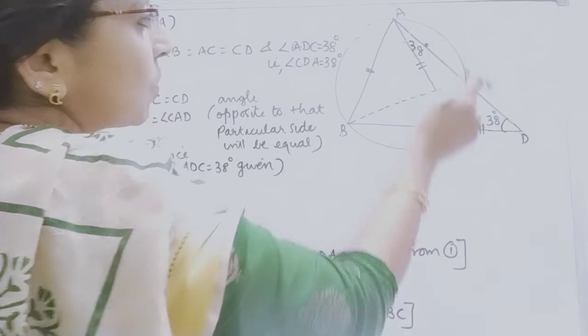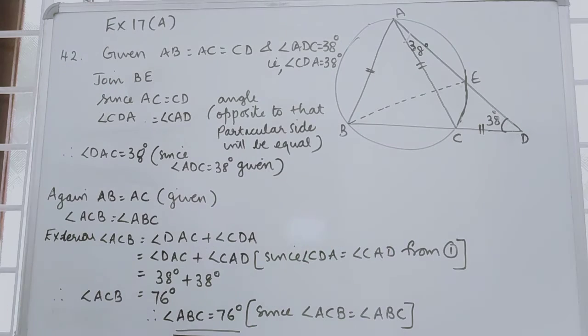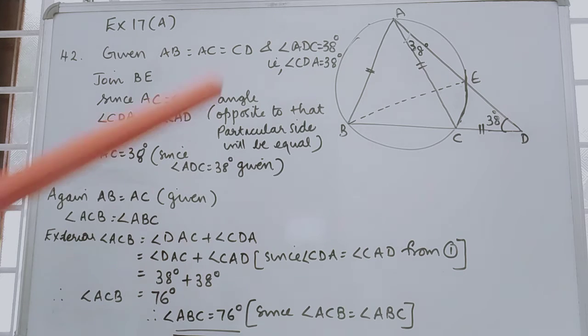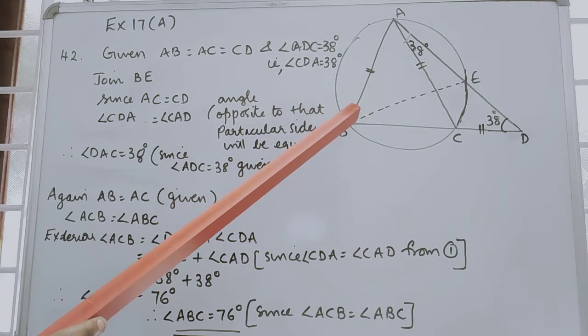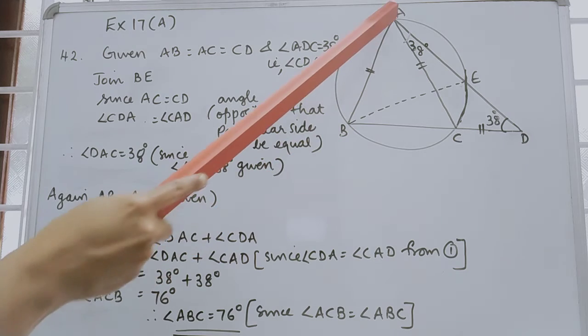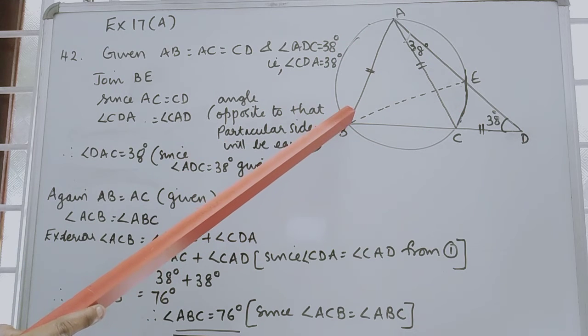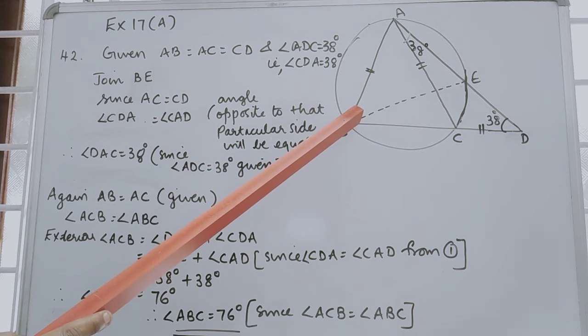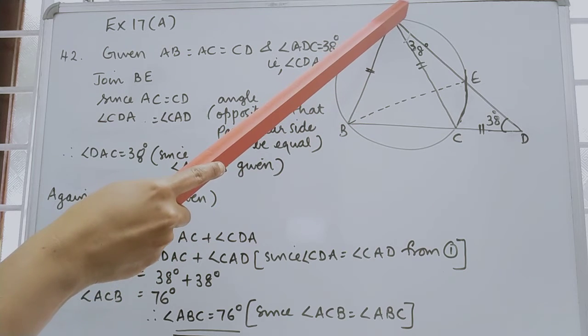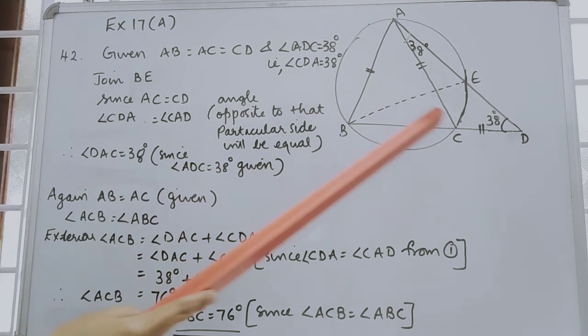Since these two sides are equal, angle opposite to that particular side will be equal. In the same way, AB is equal to AC is given. So angle opposite to AB is ACB, which will be equal to angle ABC.